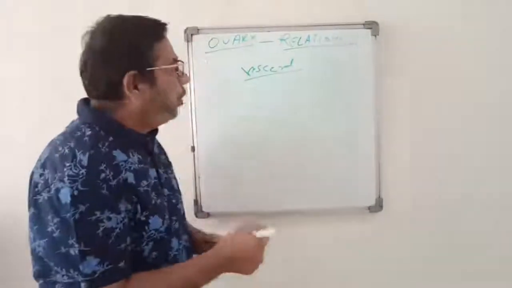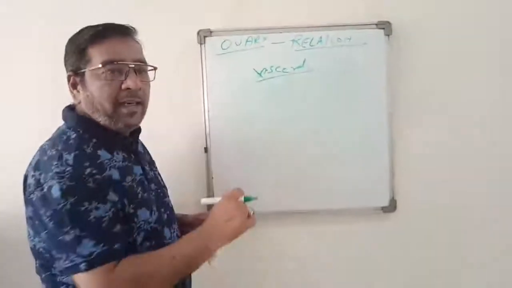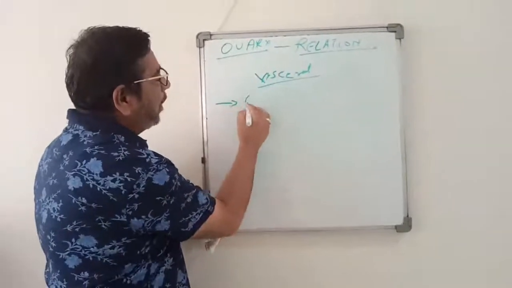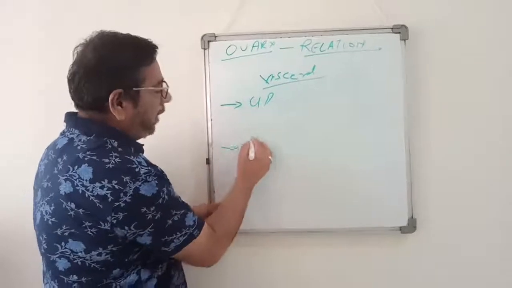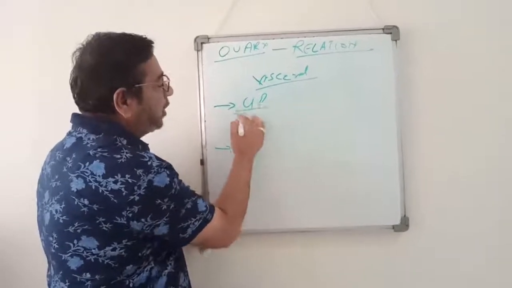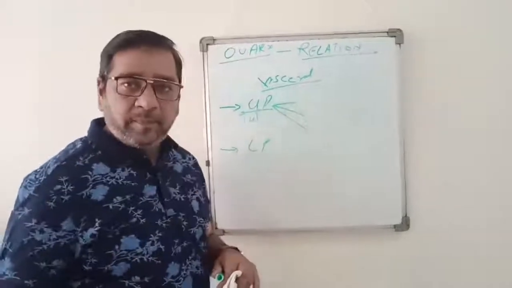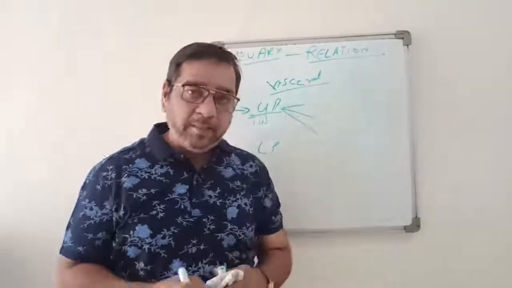The upper pole and the lower pole have different relations, so we will talk about the upper pole and then the lower pole. Now this is the tubal pole. It has 3 relations. Okay, what are the relations?